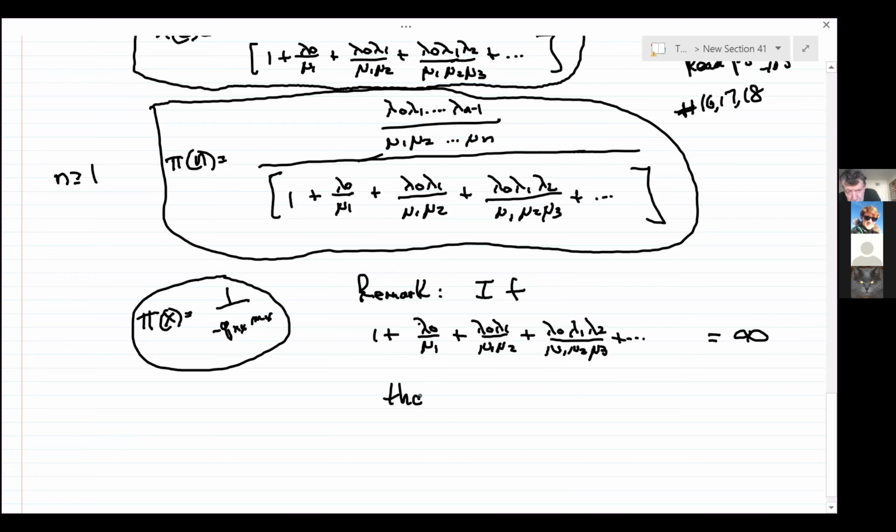then this Markov chain, process. Got to catch me on that. It's so easy to call it a chain when it's a process. Then this Markov process is not positive recurrent.